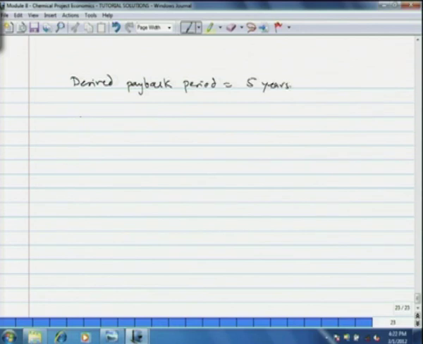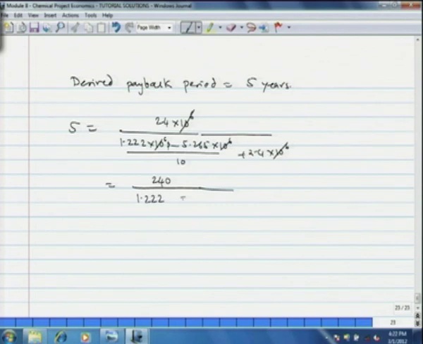And then we simplify, and if you solve for P, P is equal to $6.27 per kg.